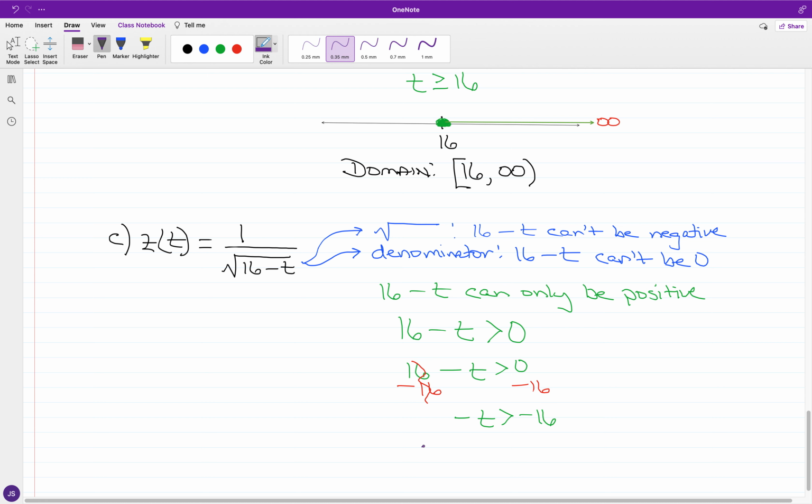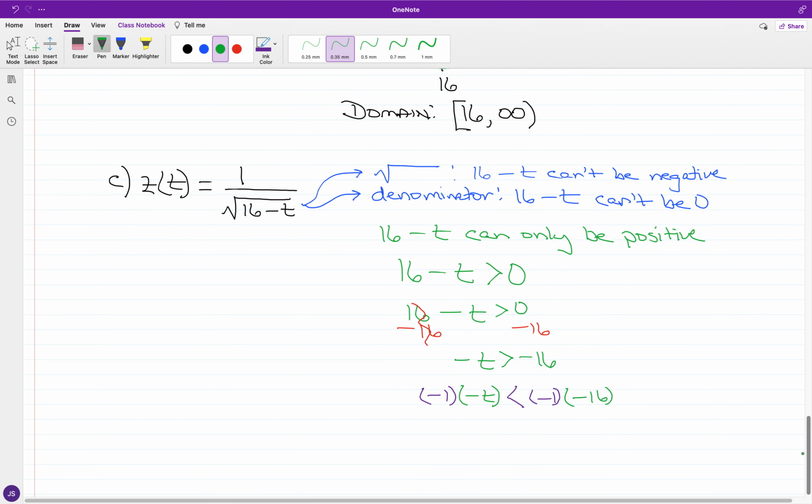And just changing the signs once again at both ends, you're going from the negatives to the positives, and upon doing so, the direction of the inequality changes. And so in the rewrite, we're going to have that t is less than 16.